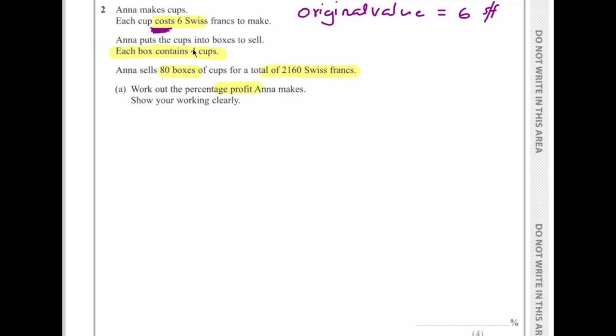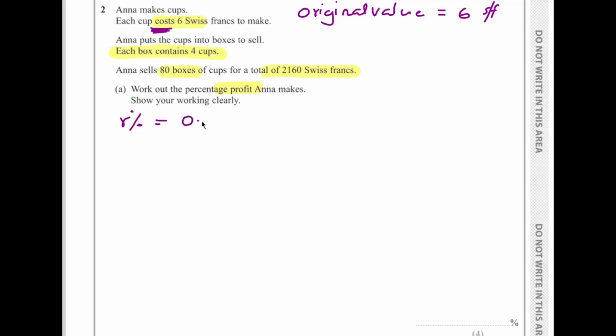Anna puts the cups into boxes to sell. Each box contains 4 cups. Anna sells 80 boxes of cups for a total of 2,160 francs. Work out the percentage profit. So how do we get percentage profit? To get percentage profit means R%. Whenever you need to get the percentage, there's a formula.